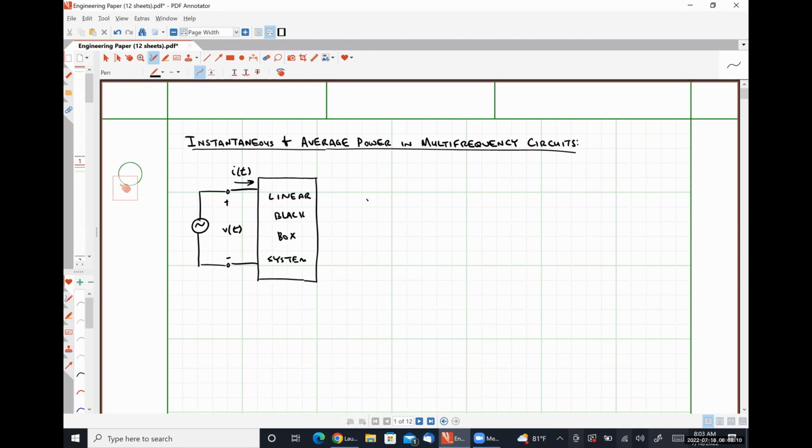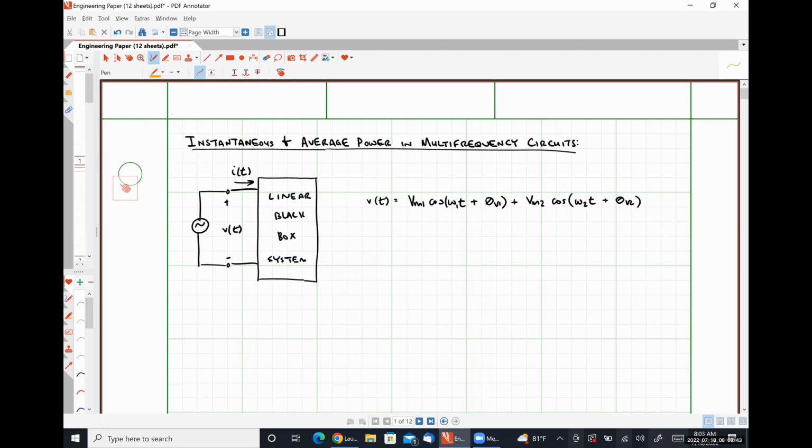And in this case, we are going to say that V of t is of the form Vm1 cosine omega 1 t plus theta V1 plus Vm2 cosine omega 2 t plus theta V2.